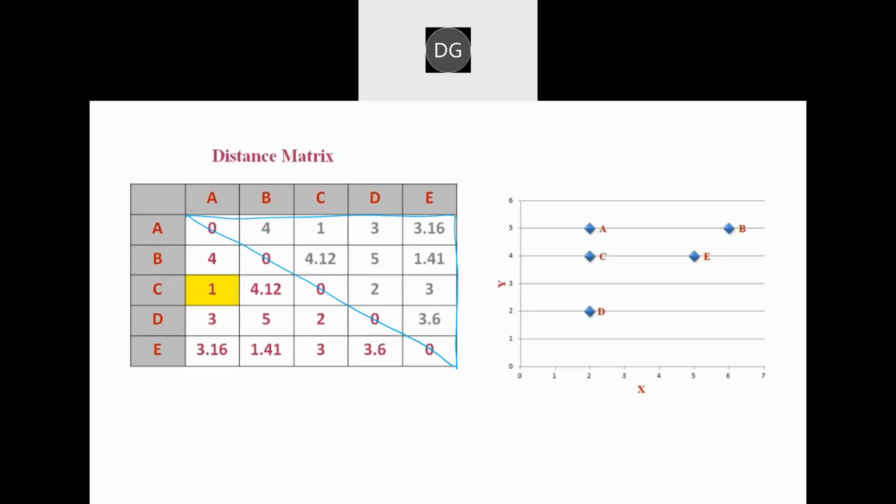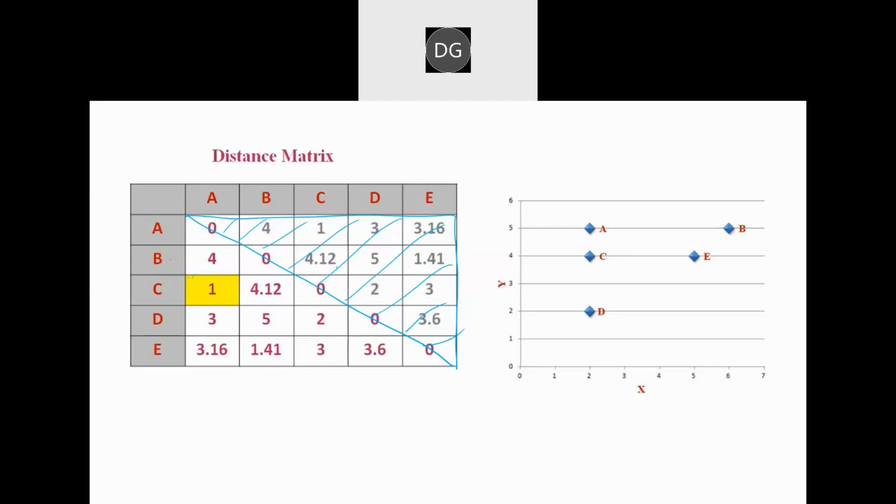So you can simply ignore the points above this and consider only the points below, because B to C takes 4.12 distance, so C to B is also the same distance.